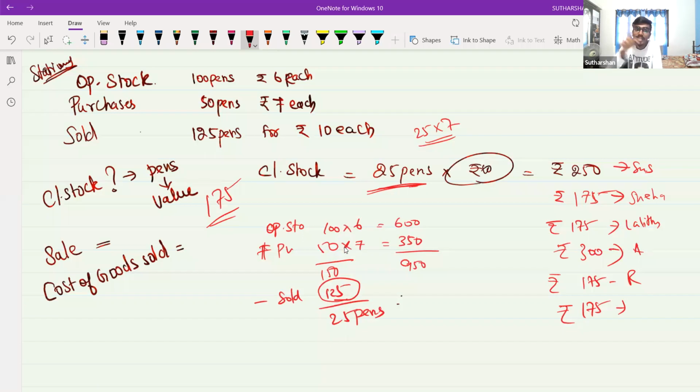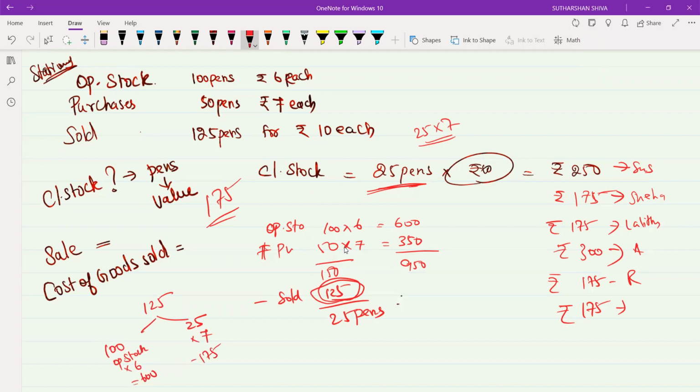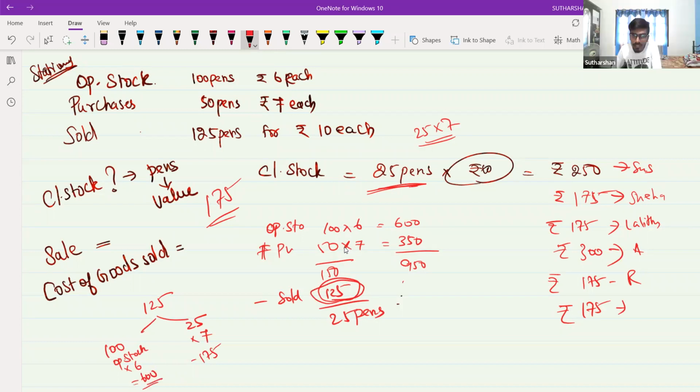Okay, for this, what is the cost? The cost of these 125 pence, I can split into two. I sell the entire 100 pence of the opening stock, and then I am left with 25 pence. The value of the 100 opening stock pence is 6 each, so 600. The value of the 25 pence is 7 rupees each. 25 sevens are 175. So 175 plus 600, I'm getting 775. 950 minus 775, you are getting your answer 175.